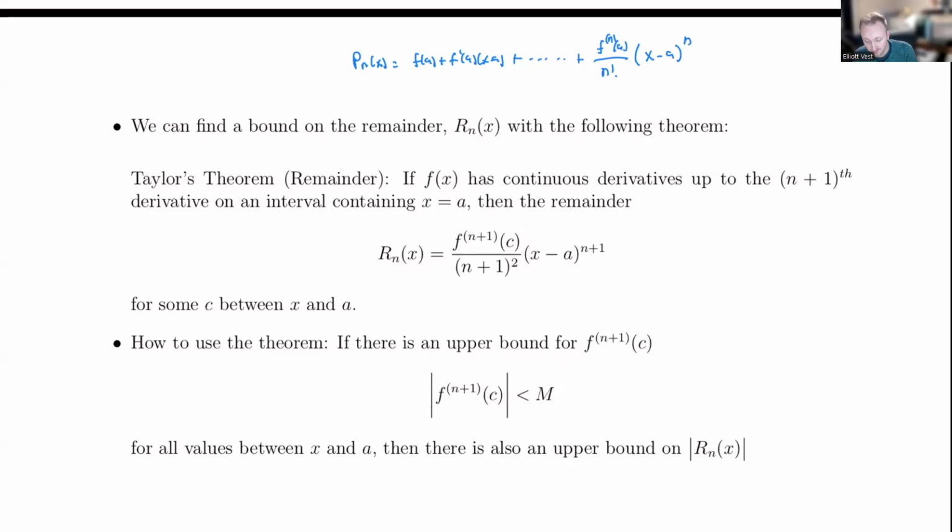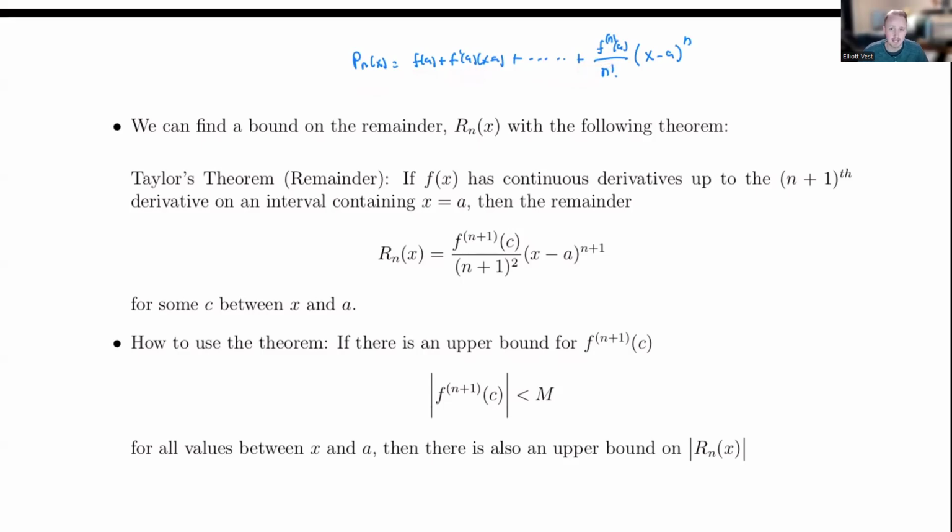So Taylor's theorem for remainder says if you have continuous derivatives up to the n plus 1 derivative, which is something I've swept under the rug, but you can't do this stuff unless you have derivatives defined up to the amount you want to approximate by. So we need to have continuous derivatives for these sorts of problems here.